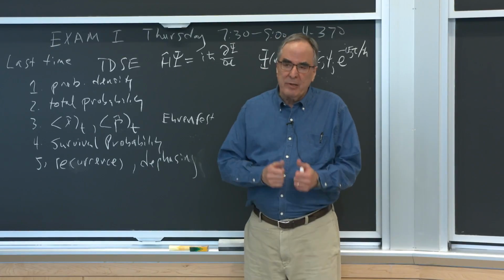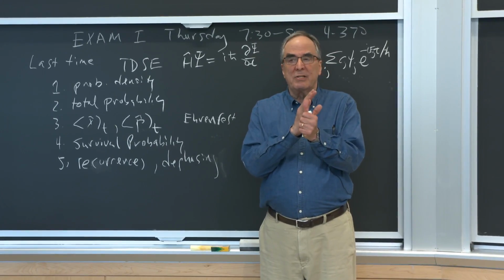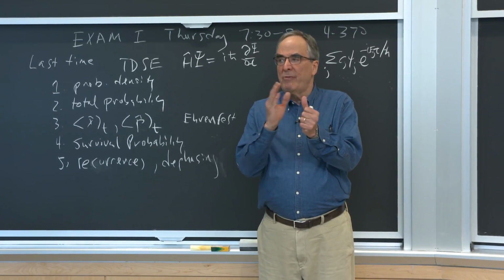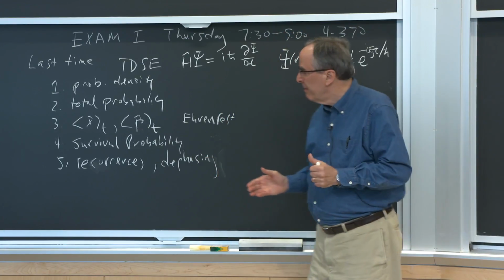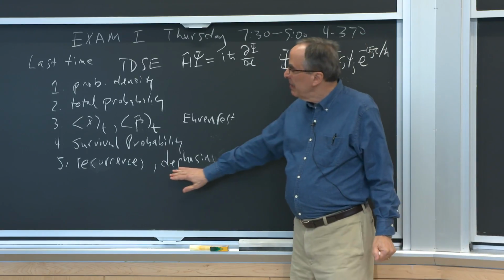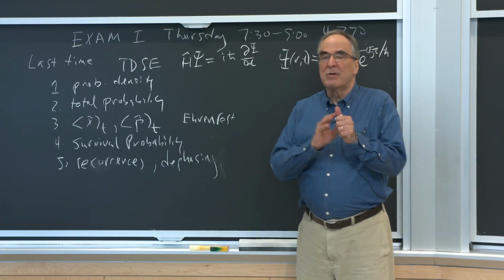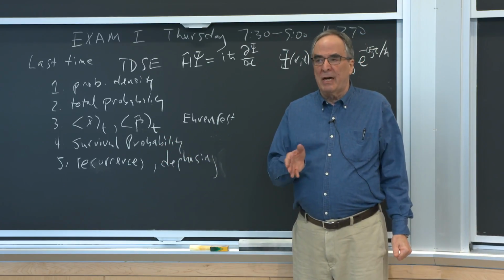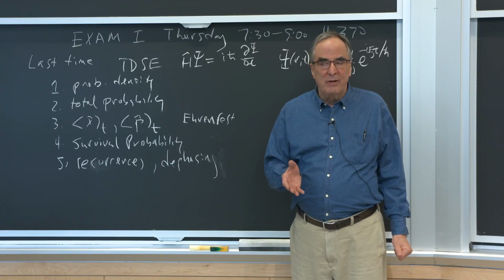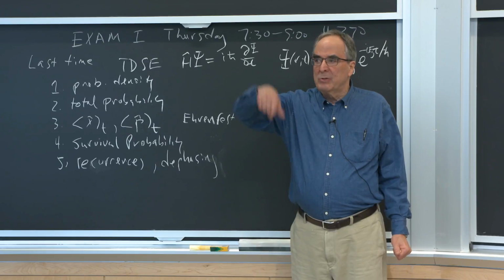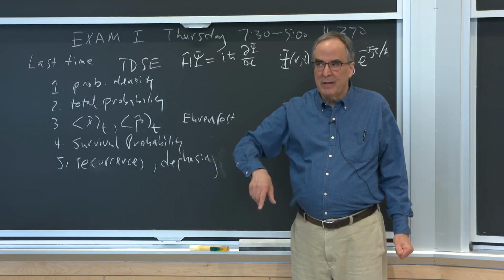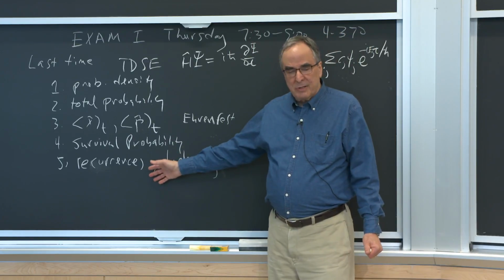The survival probability tells you how fast the initial state moves away from itself, and this is very revealing. It is a function of time and nothing else, because we've integrated over the wave functions. If it goes up and down and up and down, there are recurrences.